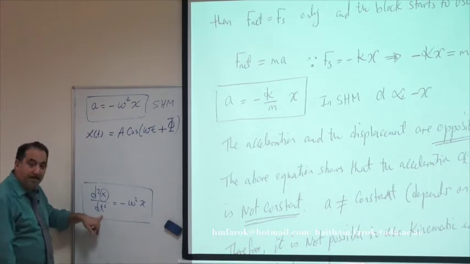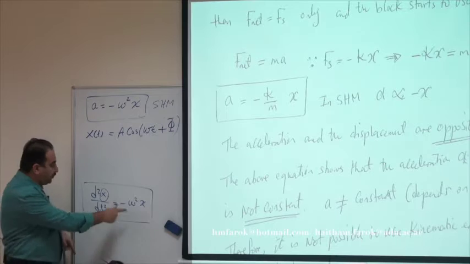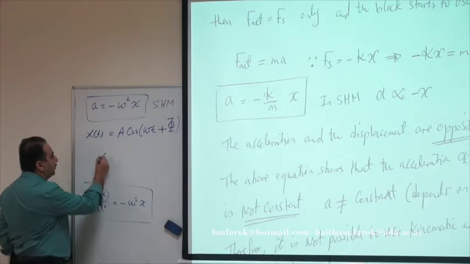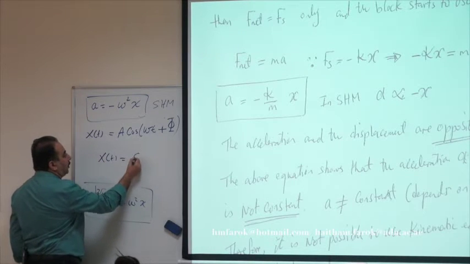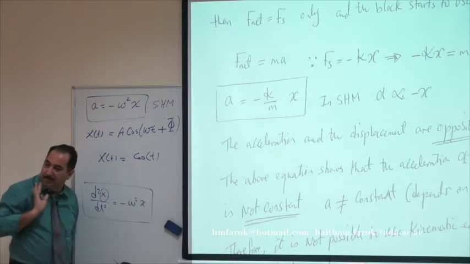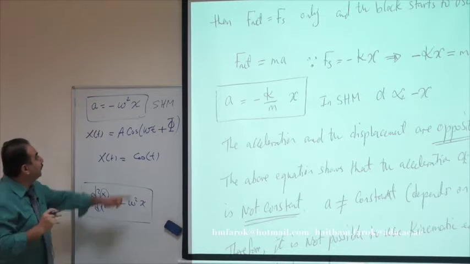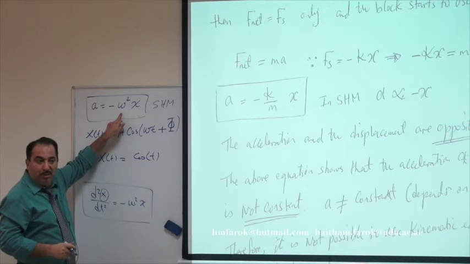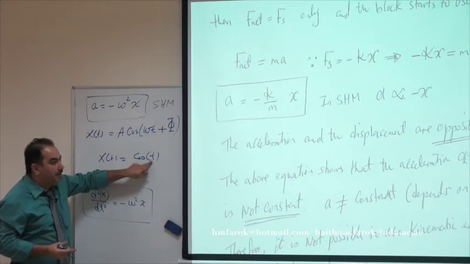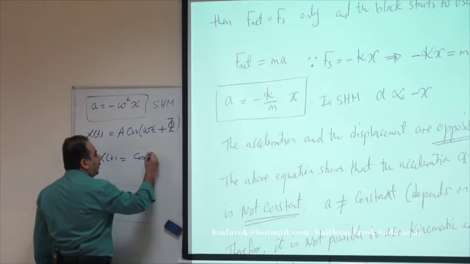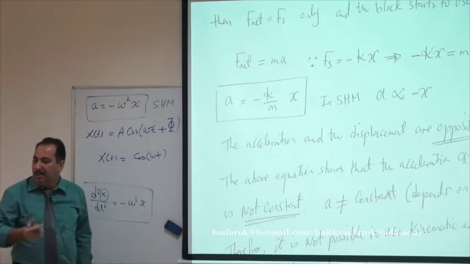Cosine function of time. So if you solve this one, it's just x(t) equal cosine t, yes? That's if you don't have omega. But because you have omega, the t will be multiplied by omega.